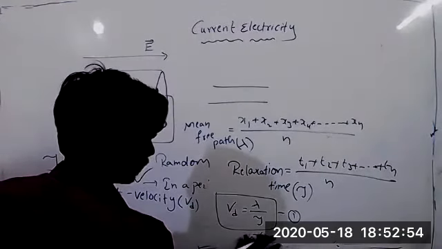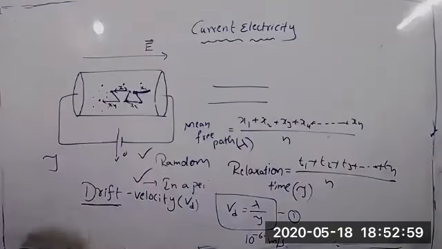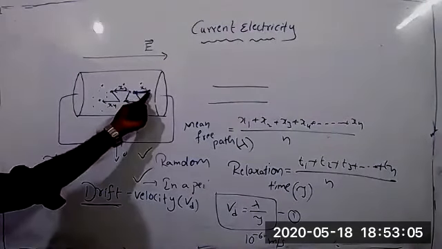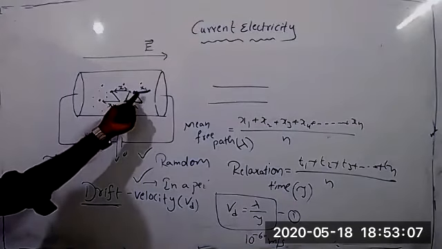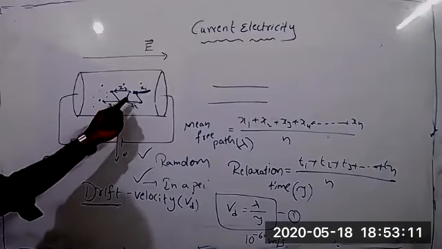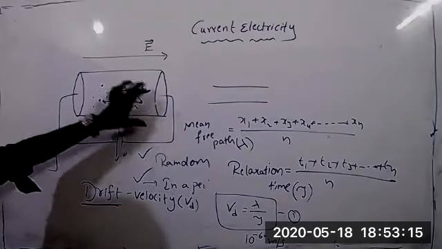It is called free path because there is no collision. It is also one of the free paths. Mean free path is the sum of the free paths divided by n.